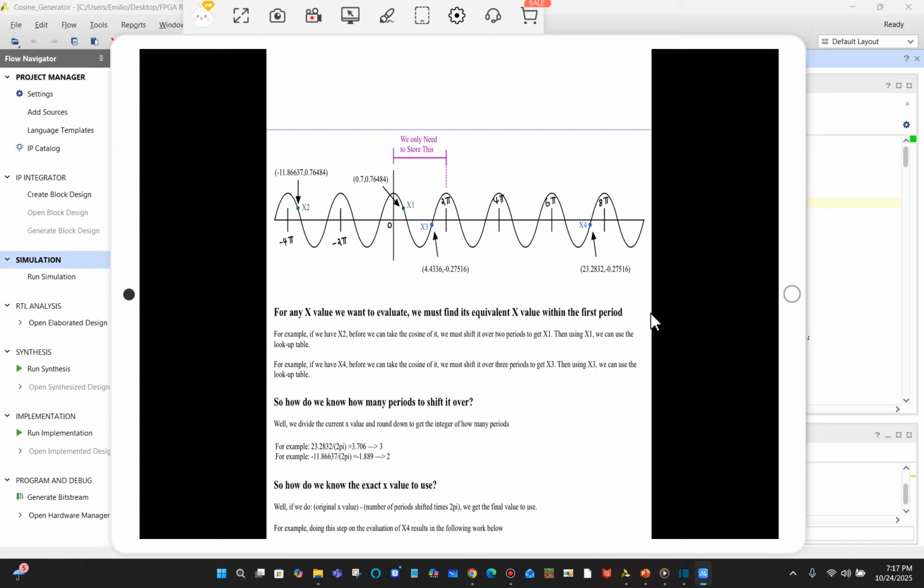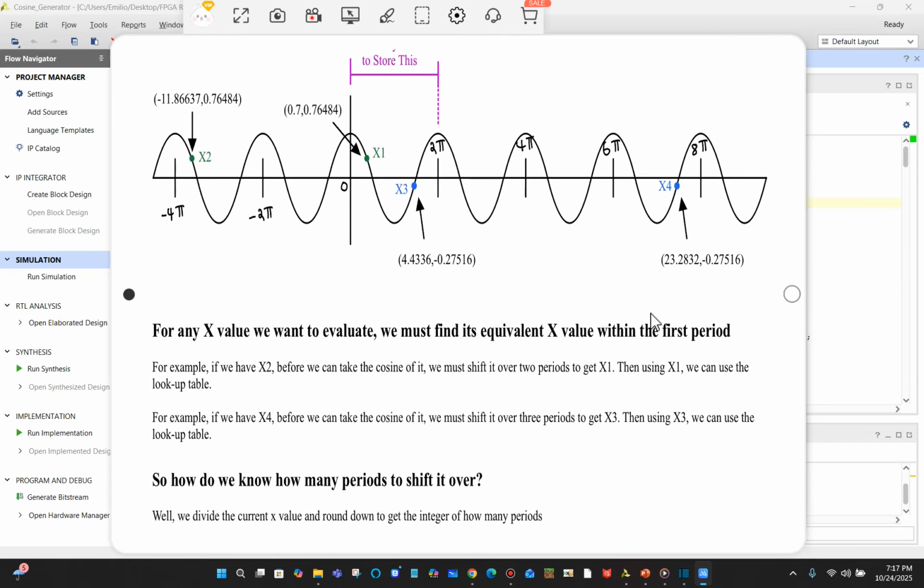Like, for example, for here x2, before we can take the cosine of it, we have to shift it over 2 periods, 1, 2, to get x1. Then, using x1, we can use the lookup table to get the result.